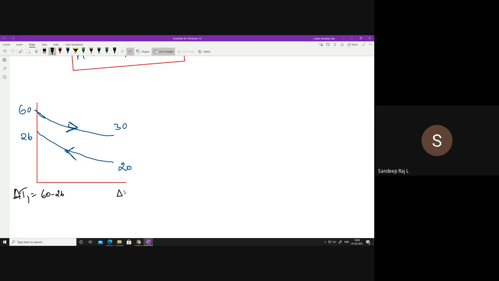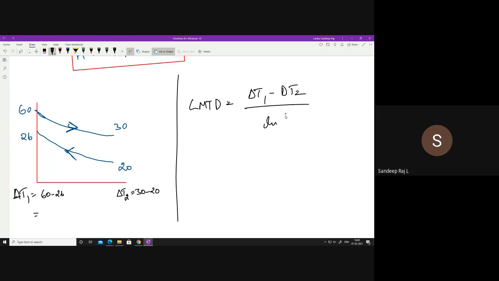Here delta T2 is equal to 30 minus 20. So here the value is 60 minus 26. So simply LMTD I have to calculate here. That is equal to (delta T1 minus delta T2) by ln(delta T1 by delta T2).